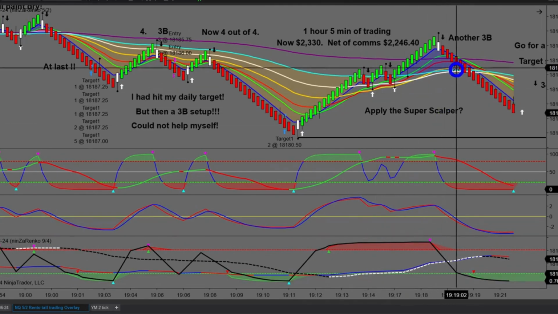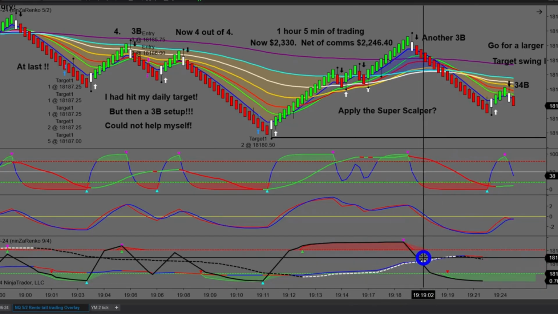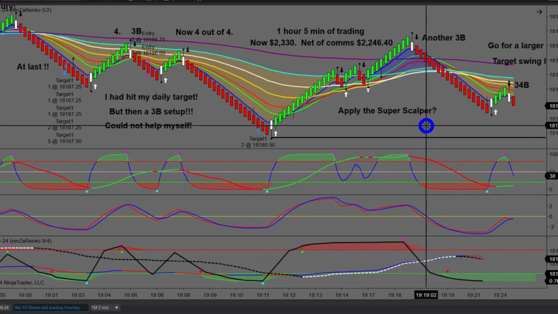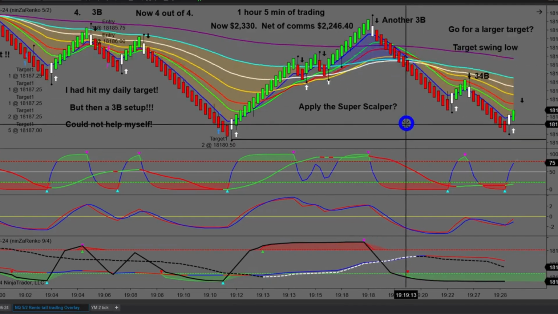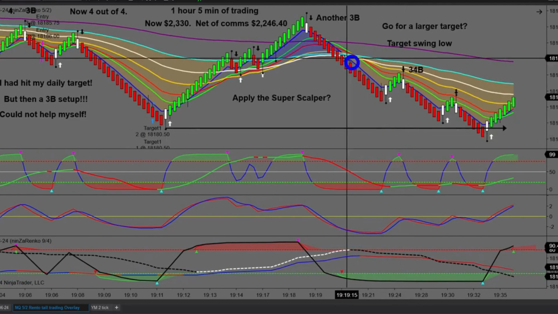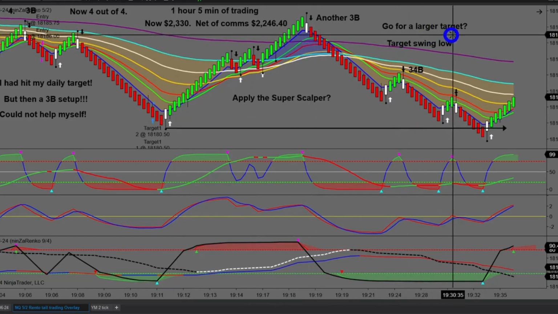And then we had that hook just there. Now they didn't roll over for some time, but once again on your anchor charts that showed up as a great quality 3B. Now when we've got a major swing like that, that's where we want to consider going for a larger target.